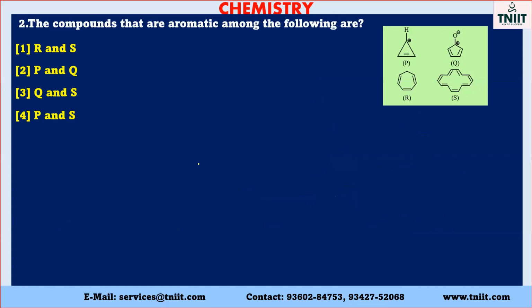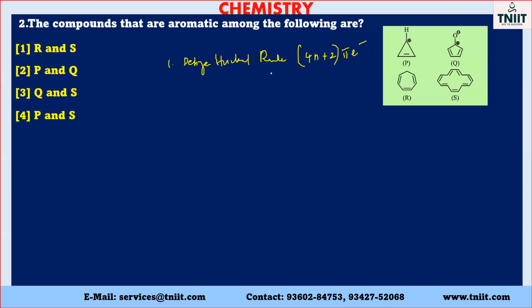The compounds that are aromatic among the following are, see, these all are organic molecules. We have to find out which of the compounds are aromatic in nature. For aromatic nature, the molecule should follow 3 criteria. One is it should follow Huckel's rule. This Huckel's rule is otherwise called the 4n plus 2 pi electrons rule.